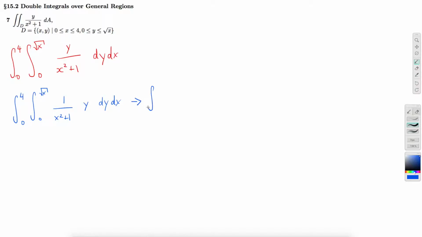So when we come to integrate it, it's really quite simple. It is y squared over 2x squared plus 2. I'll just put the y back on top. And now I have the square root of x and 0 and dx.